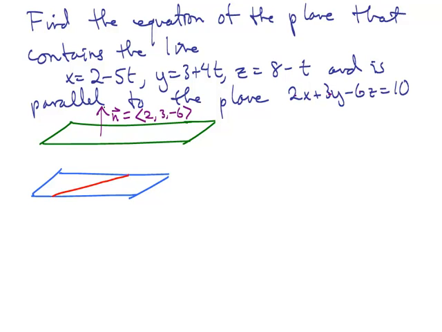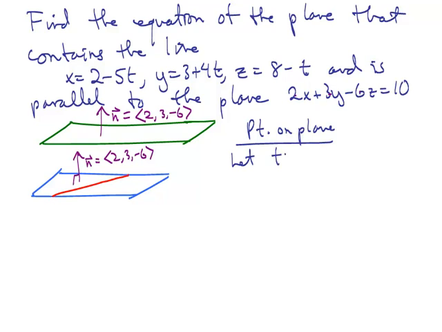Since these two planes are parallel, this vector n is also going to be orthogonal to the plane that I'm trying to find. So I've got my normal vector. That's one thing I need. Another is a point on my plane. Well, remember how we can find a point given a line. Any point on this line will do, so we can just let t, our parameter, be anything we want.